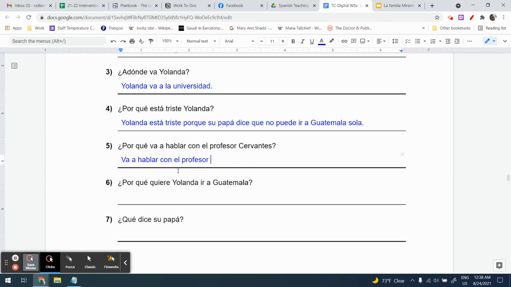If you don't want to write Cervantes, that's fine. Porque él, now this él has to have an accent because it means he, not the. Puede convencer. And I would make it from papá to su papá because you're not saying your dad, you're saying her dad. Okay?